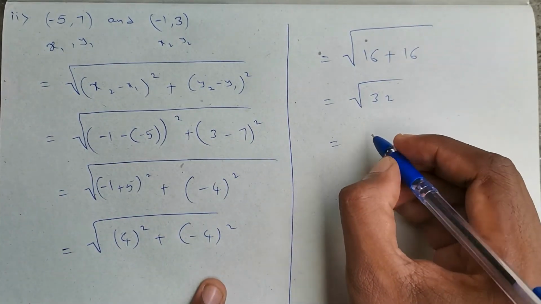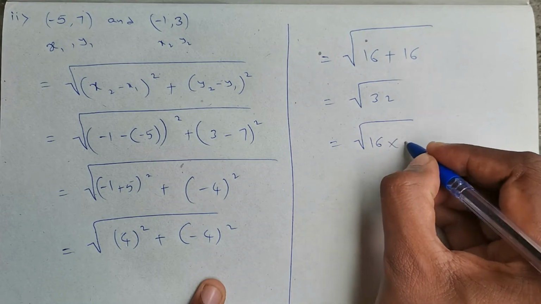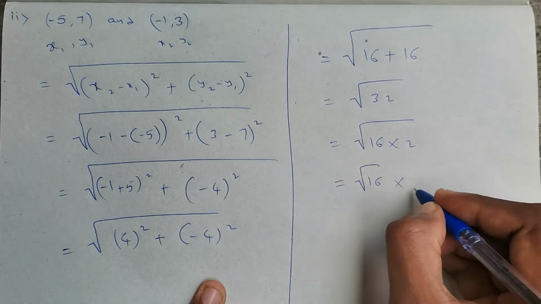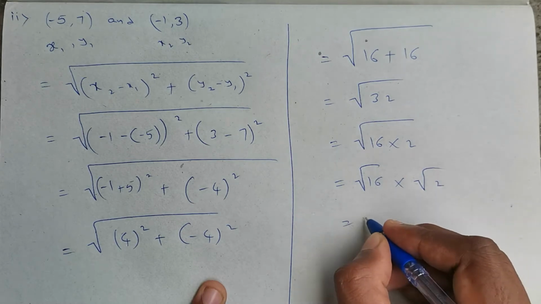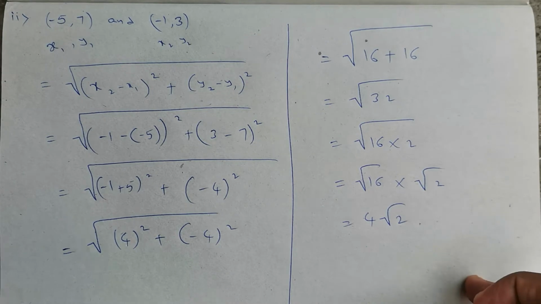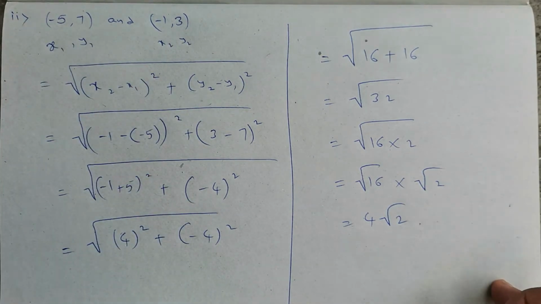So this root 32 can be written as 16 2s. Under root 16 into 2 can be separated as root 16 into root 2. Root 16 is 4, so 4 times root 2. So the distance between these two points is 4 root 2.